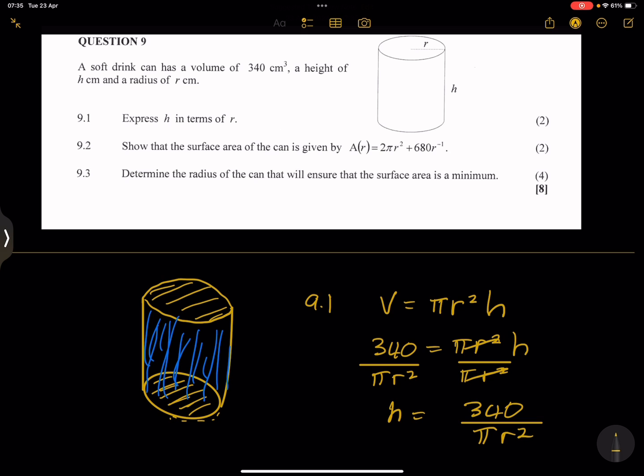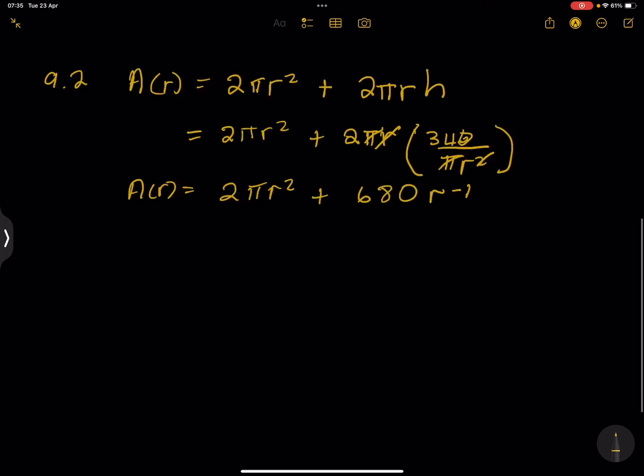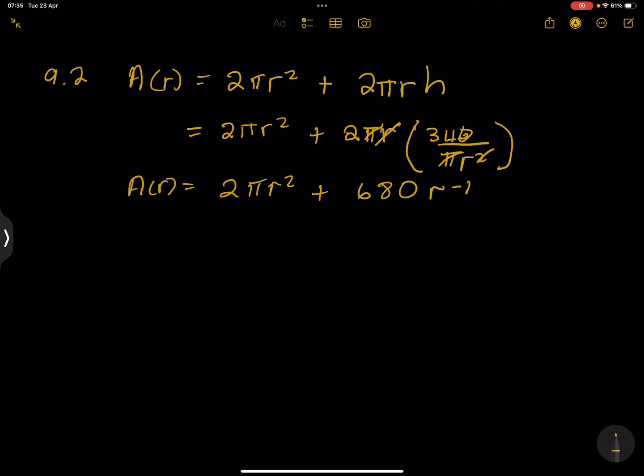So they said determine the radius of the can that will ensure that the surface area is a minimum. Every time we are supposed to minimize something, we take the derivative and we make it equal to 0.